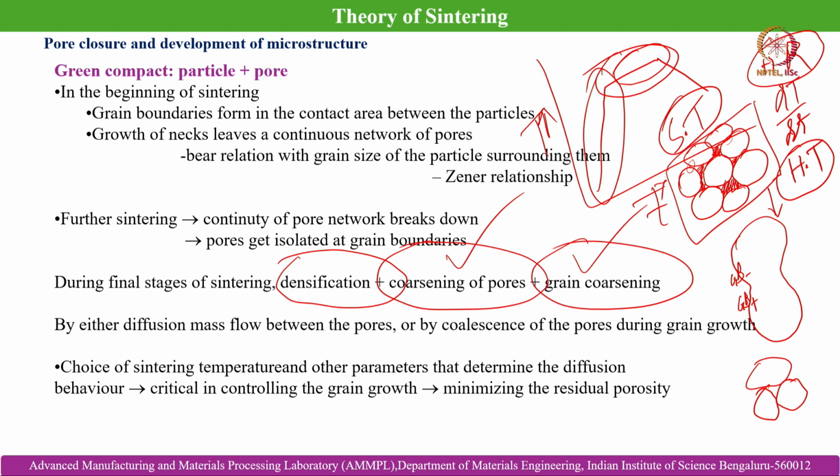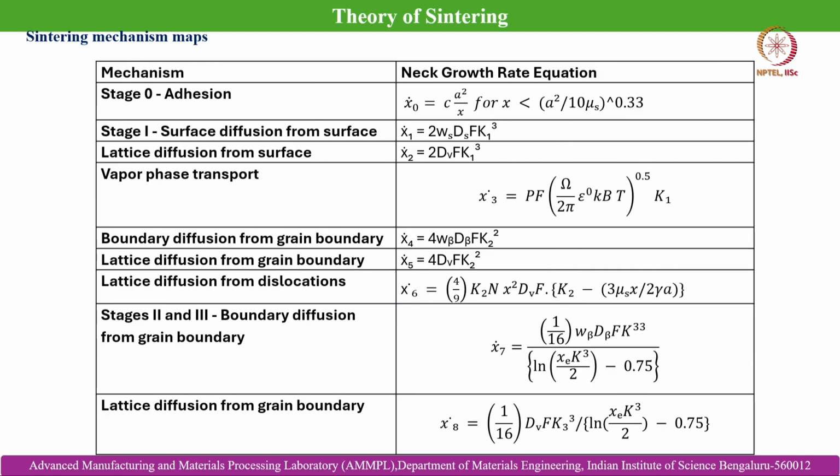That is why optimization of these important sintering parameters is necessary to achieve the desired microstructure and properties from the sintered parts. Moving ahead, we will talk about the neck growth rate equations at different stages of the sintering process, and also during different mass transport mechanisms that take place during sintering, that we have already discussed.